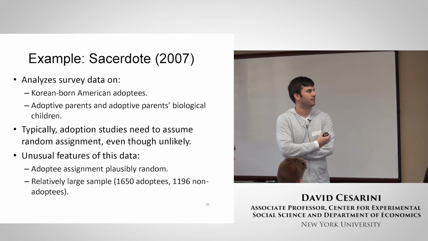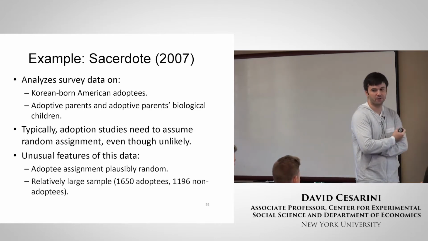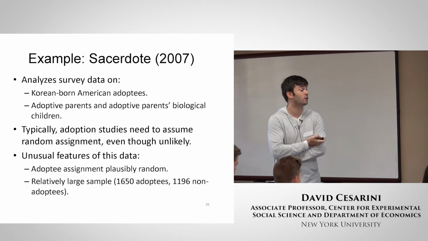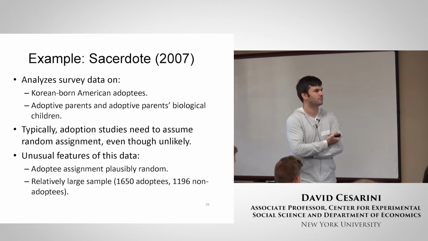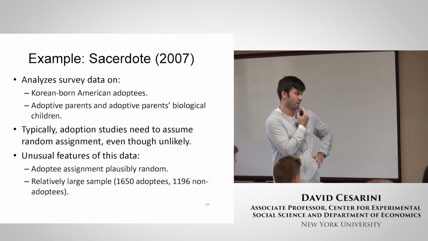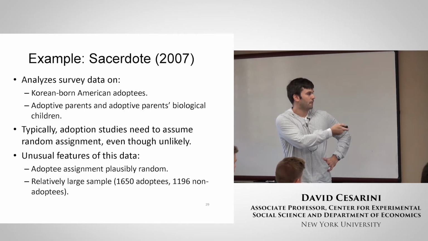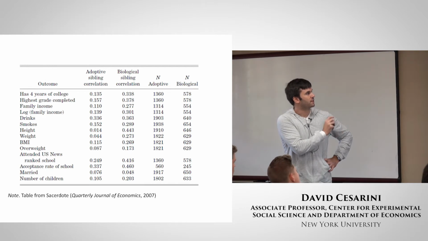It's hard to say just how closely he comes to approximating random assignment, but at least he has some data on things like birth weight, and birth weight of the children is not associated with the kind of home they end up with. So if there's selective placement, the adoption agency must be using some other child characteristic to enforce that selectivity. Okay, so you can also pick at other things like non-responses.